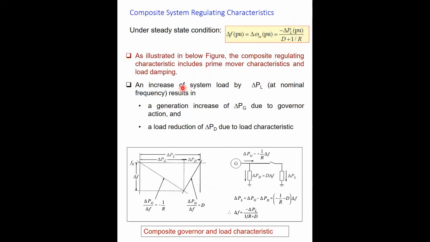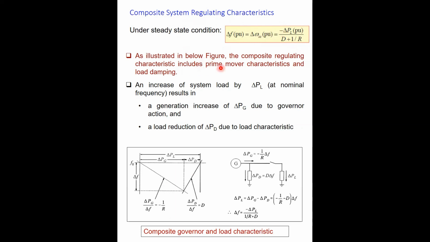So here we want to understand the combined effect of regulation basically. One is from the droop, and then another is from the frequency sensitive load here. So how does the overall frequency deviation take place because of this disturbance applied.